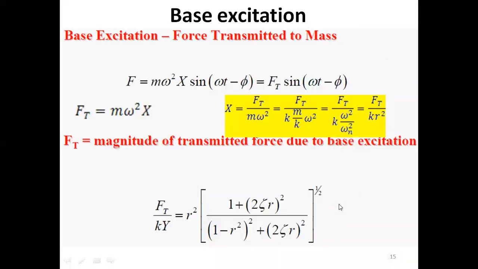So if we go back and look at this mathematical model, here we see r square, the square of the frequency ratio. From this, we could easily interpret that when the frequency ratio is less and you take the square of that, it would become more or less.